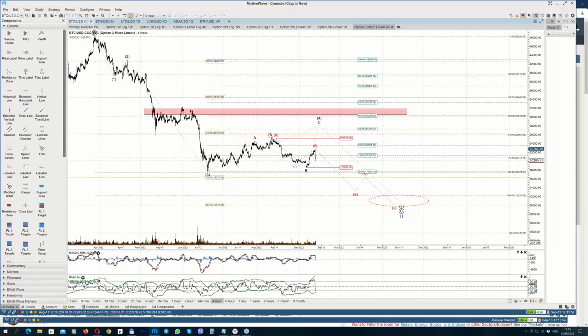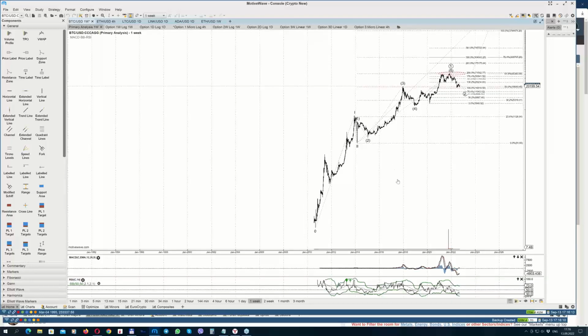And finally, the red count, suggesting immediate extension towards the lower low in accordance with this red count: 1, 2, 3, 4, and 5. Please be advised, this is quite possible, quite viable option.